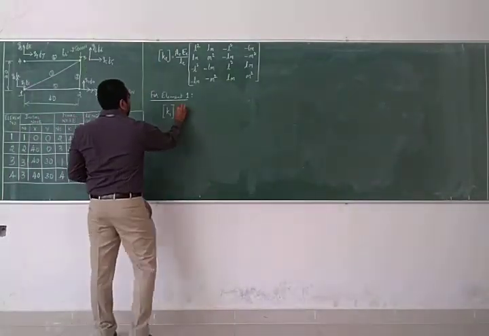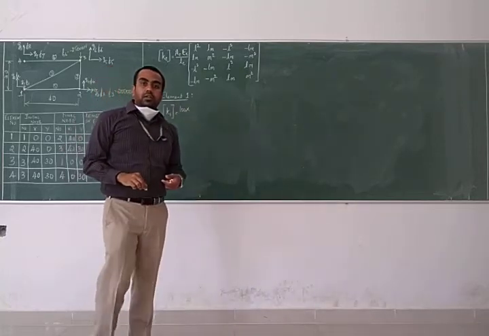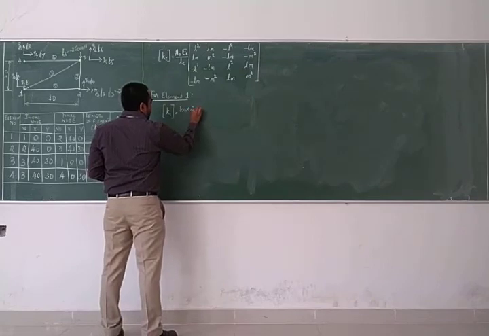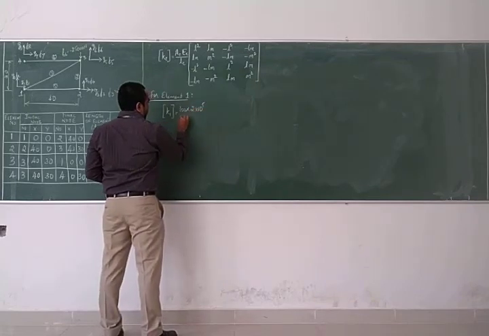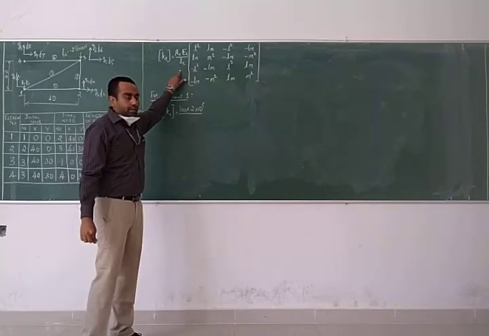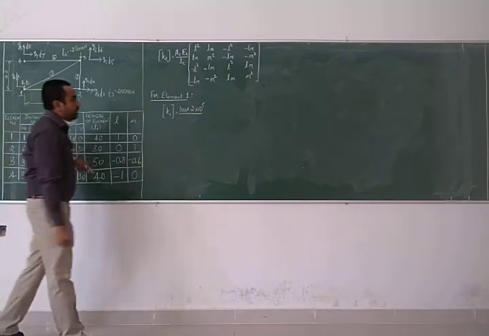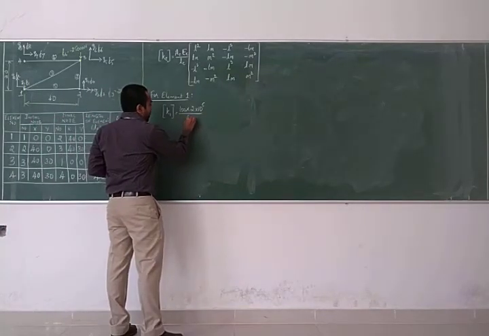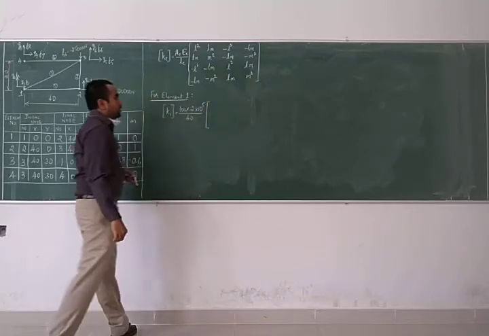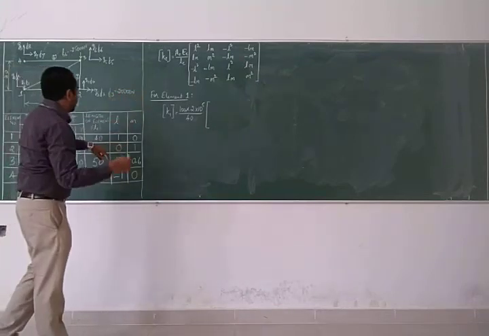So 100 into E value, which is 200 GPa or 2 into 10 to the power of 5, divided by the length of element 1. Length of element 1 I can obtain from the table. It is 40. 40 multiplied by the matrix.